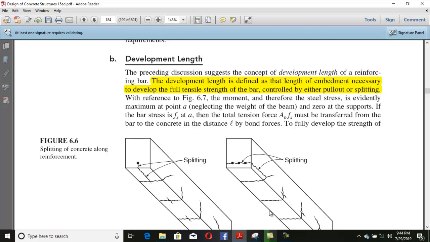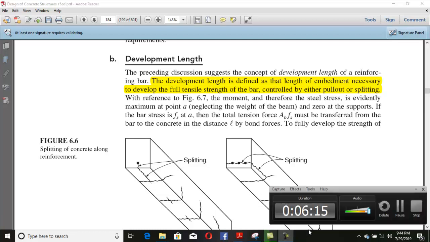As we explained about bond, from that bond point of view we must know how much length is necessary to insert, to embed into the concrete, to give me the desired bond strength which transfers the tension from concrete to the steel.